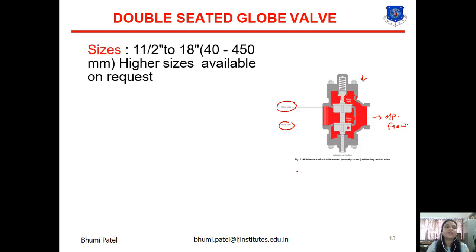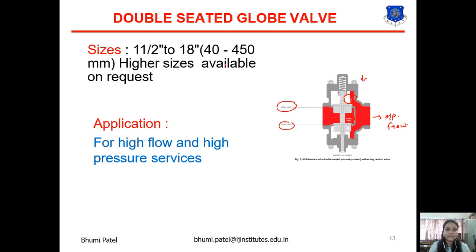Now the size of the double seated valve is generally 1 1/2 to 18 inch, approximately 40 to 450 millimeter. If we require a larger size for a particular request, we can design this type of double seated valve.